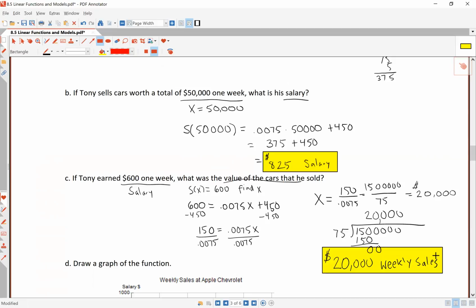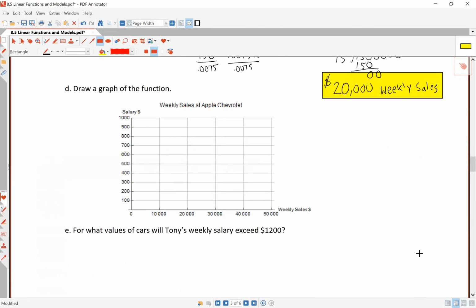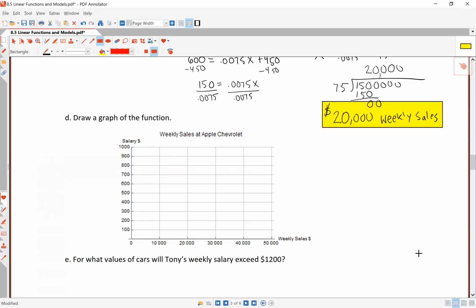Letter D, draw a graph of the function. We know that the salary is 0.0075x plus 450. So if he doesn't sell anything, he's going to make $450 right off the start.